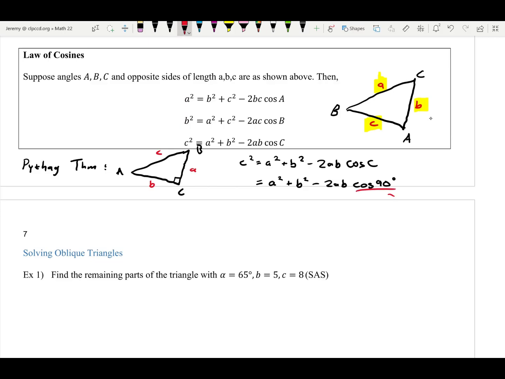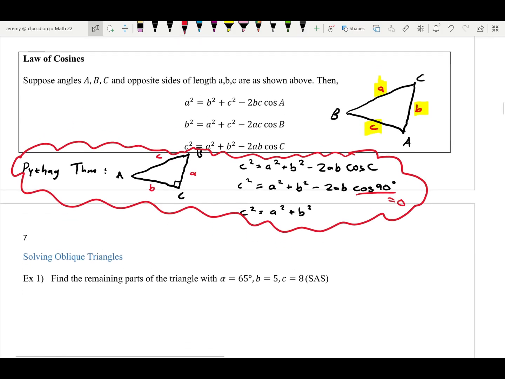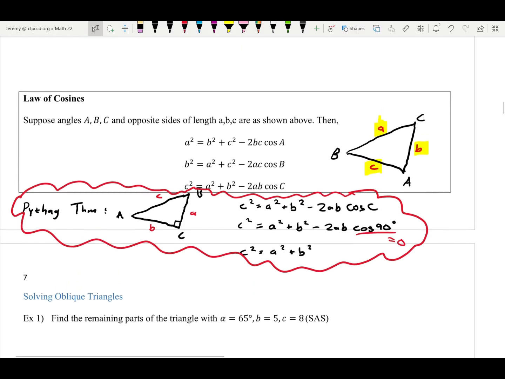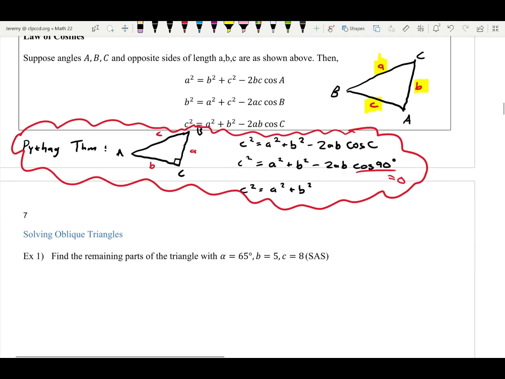So that whole term on the end drops off, and c squared is just equal to a squared plus b squared. Just an interesting observation: the Pythagorean theorem is just a special case of the law of cosines where one of the angles is a right angle. So this is expanding the Pythagorean theorem to triangles that aren't necessarily right triangles.